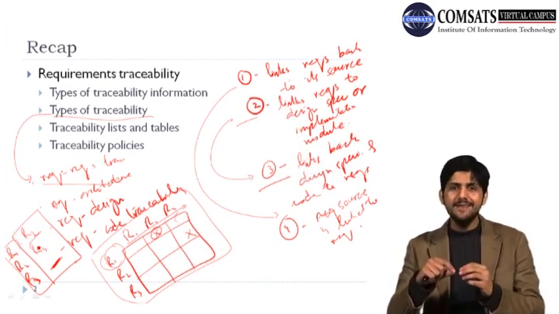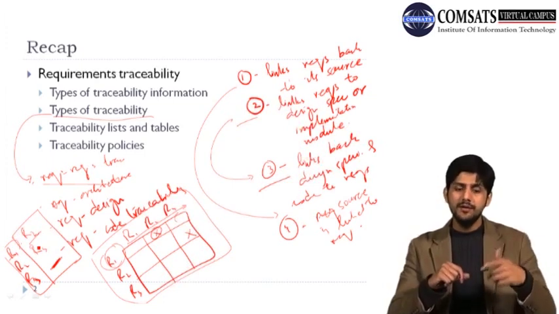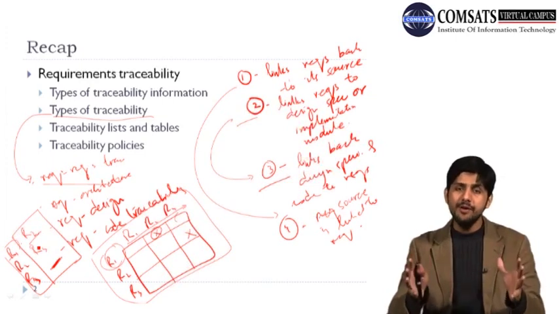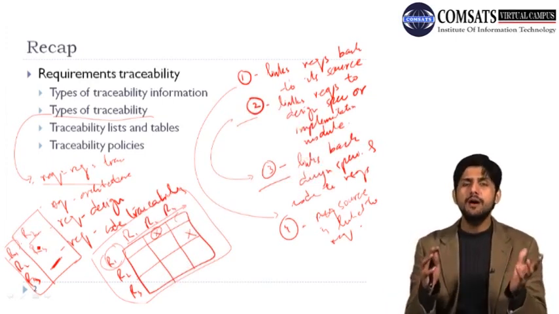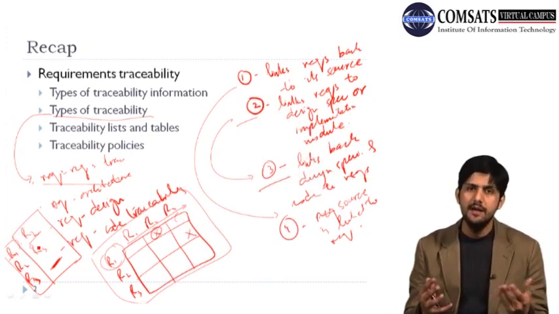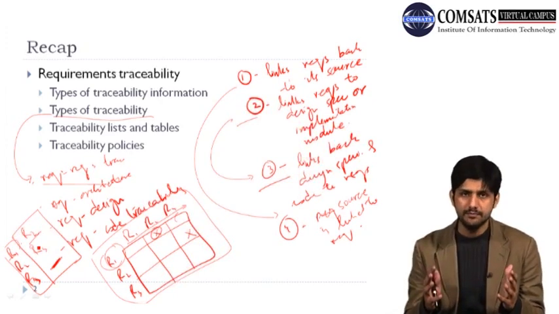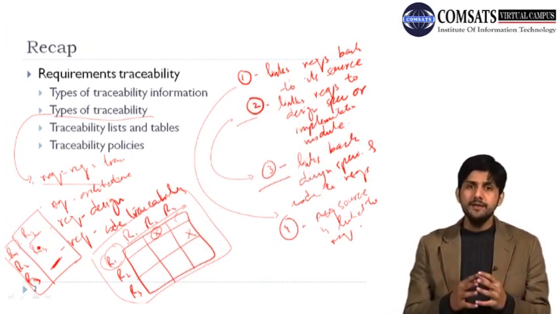And then we specifically discussed what the factors are which determine whether in your organization you will have a formal traceability policy or an informal one. By informal, we mean that people just have an understanding of how things are done, and there is nothing concrete written about it. And what were those factors?